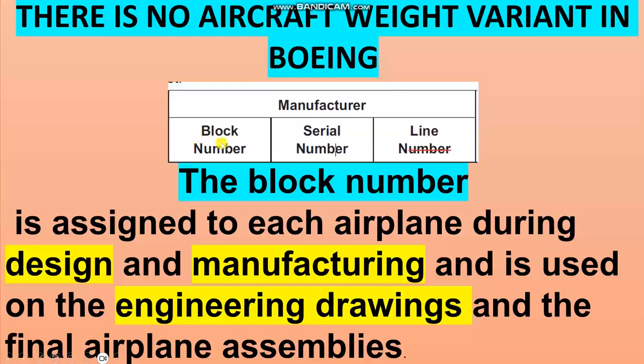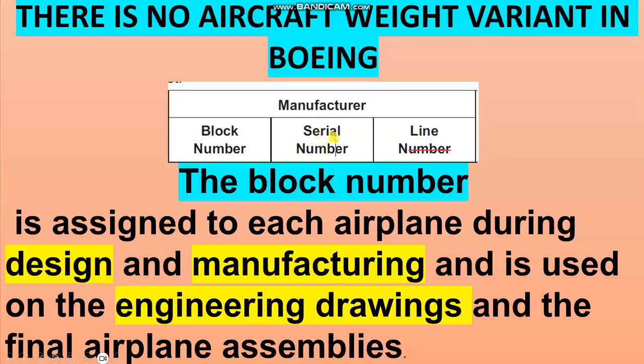Also here, the block number is defined or assigned for the airplane during design, so during design and manufacturing, okay? So I think the block number is approximately equal to the weight variant in Airbus.